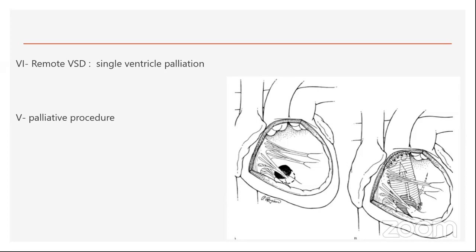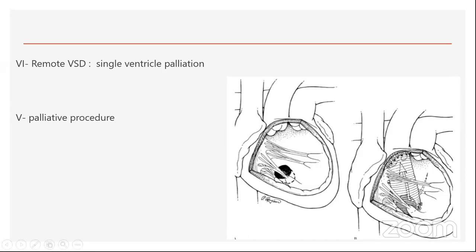So a baby comes at 3 months, 5 months old, with an inlet VSD, and you get very enthusiastic and connect that inlet VSD to the aortic valve, and you get significant tricuspid stenosis, a long pathway, which is relatively stenotic but not much.